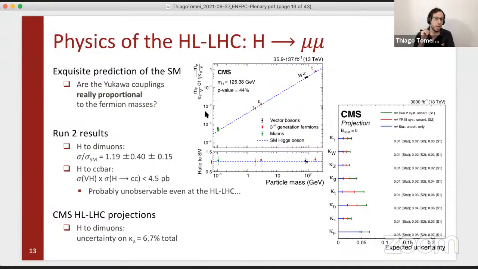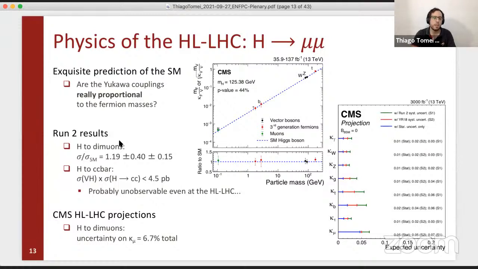Now, from the Run 2 results, we already have evidence for Higgs going to dimuons. But again, it has these gigantic uncertainties here, something like 40, 50%. And notice that this is the only second generation measurement that we can make at LHC.